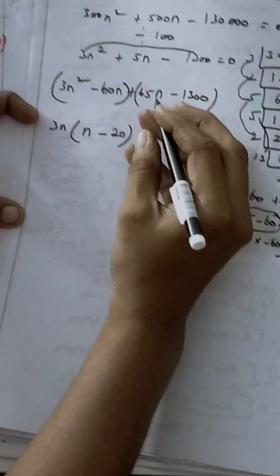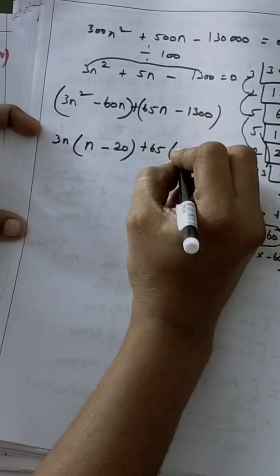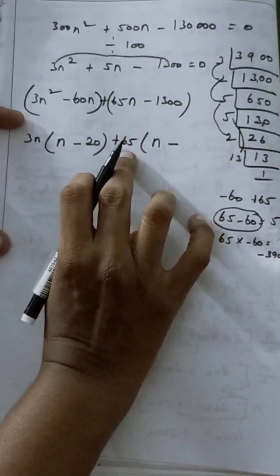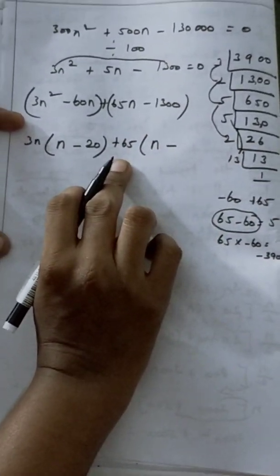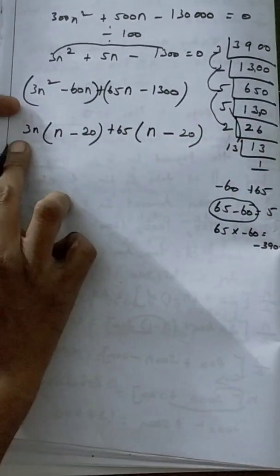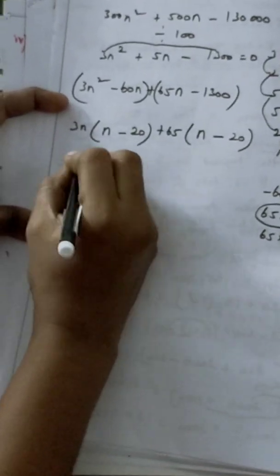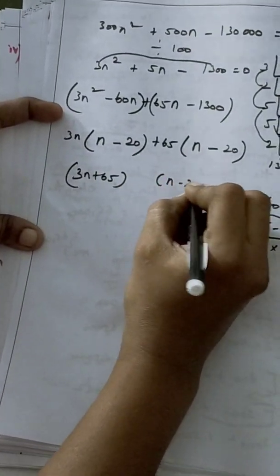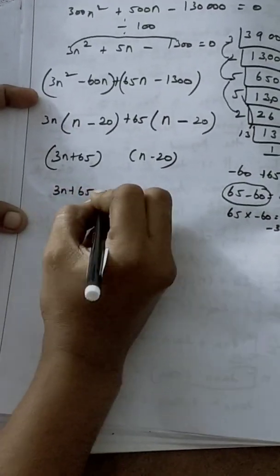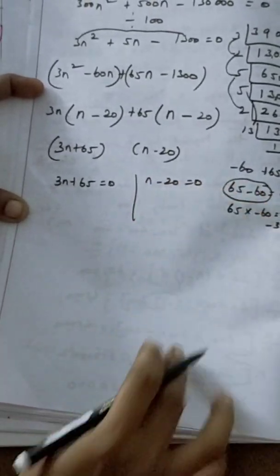This one is divided by 65 table, so plus 65 within bracket n minus 1300, so 65 into 20, so write minus 20. So outside the bracket mention the terms 3n plus 65; the next term is n minus 20. So this equal to 0: 3n plus 65 equal to 0, next n minus 20 equal to 0.